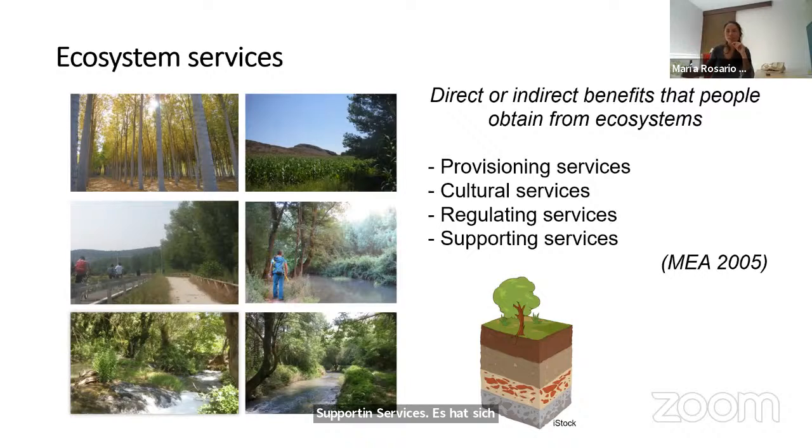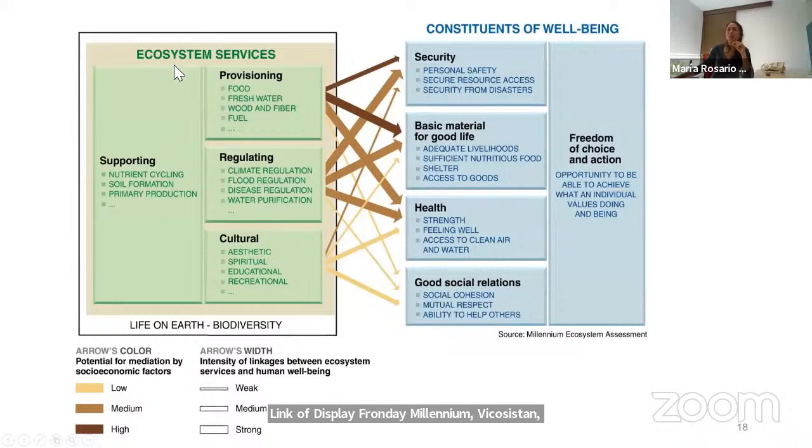And the interesting link of this study from the Millennium Ecosystem Assessment is that they link these different ecosystem services to the different components of well-being, to show how people are dependent on ecosystem services in terms of how this can affect our security, but also the provision of basic material for a good life, our health, good social relations, and of course the freedom of choice and action.